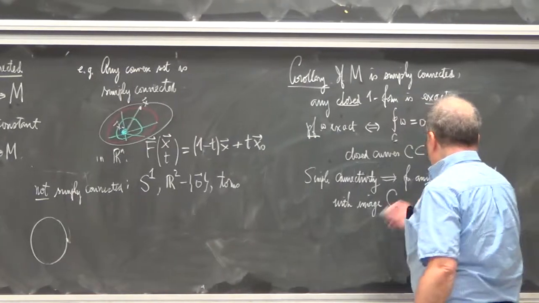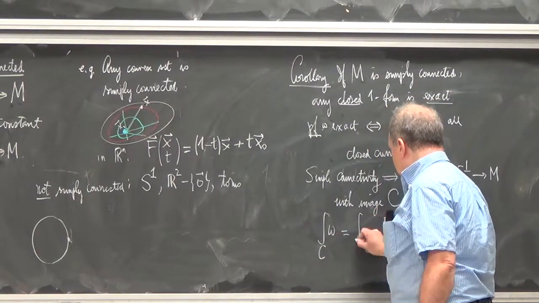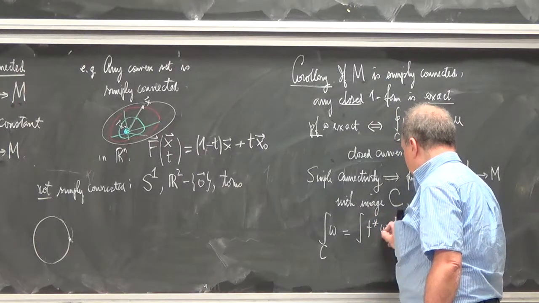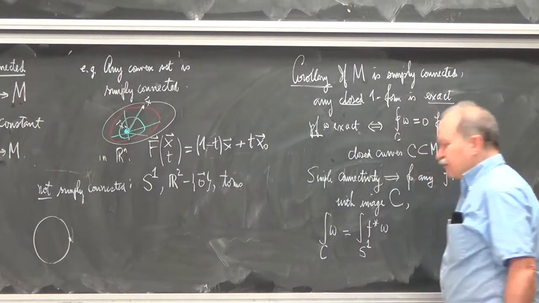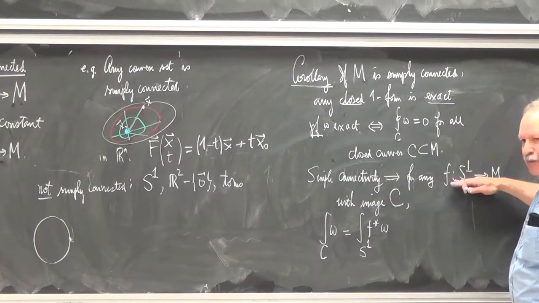Then we get the integral of omega over C is the integral of the pullback of omega to the circle. So you just parameterized your curve by this mapping.